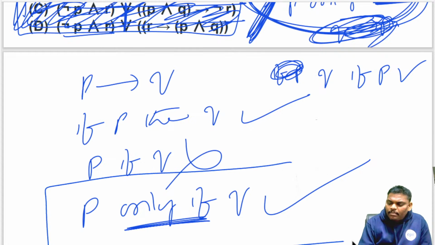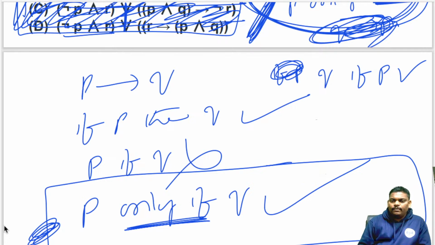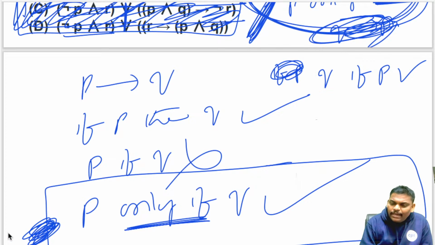A lot of debate happened in the classroom at this statement. I still remember Rohit did a dharna whenever this statement was going on.